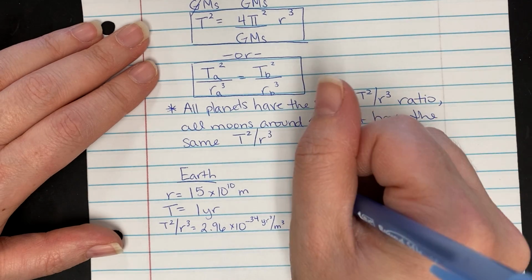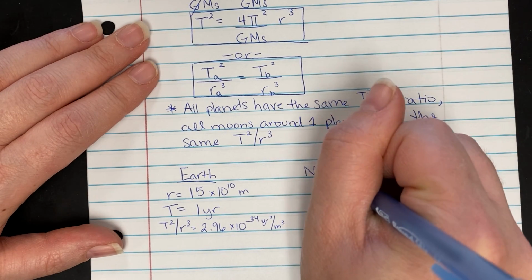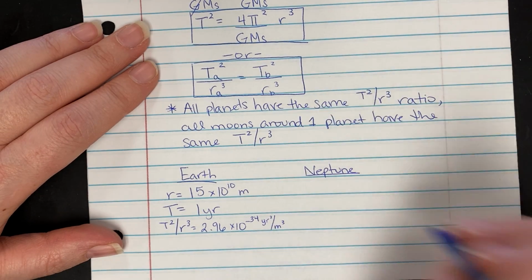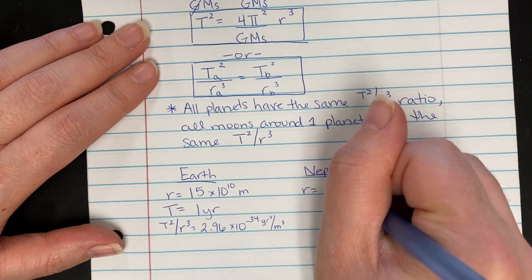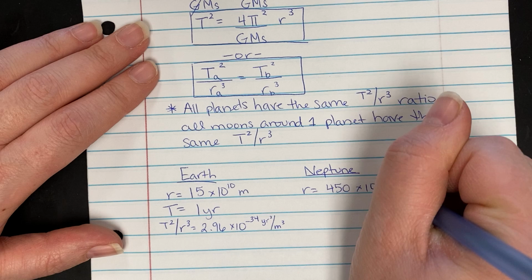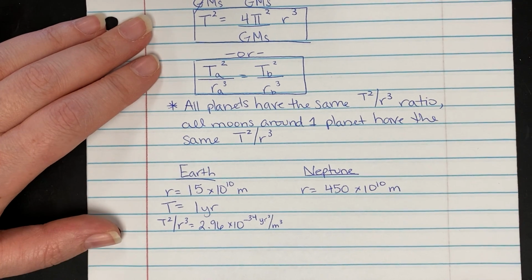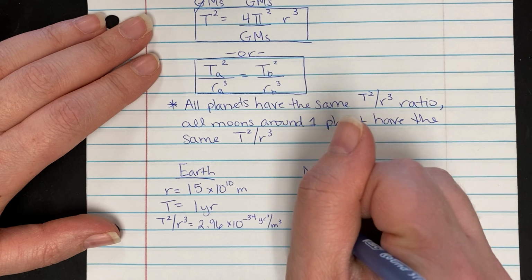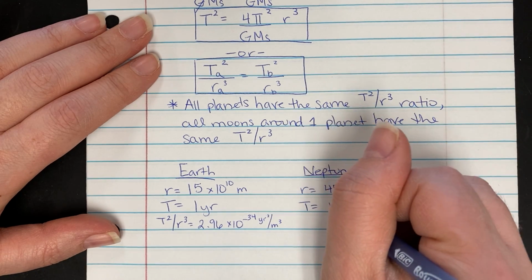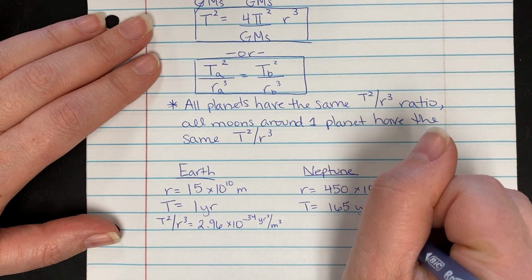Okay, and if I took a planet like Neptune, and Neptune's distance is, again, not in scientific notation, sorry, Google did not want to give me this in scientific notation, 450 times 10 to the 10 meters. Its period is 165 years.